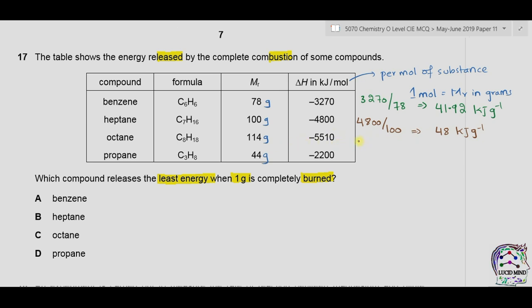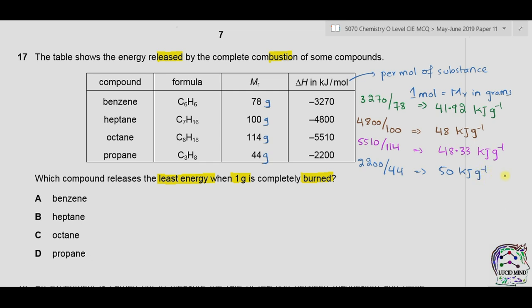Similarly for the third one, 5510 divided by 114, which comes to 48.33 kilojoules per gram. For the last one we have 2200 divided by 44, which is equal to 50 kilojoules per gram.